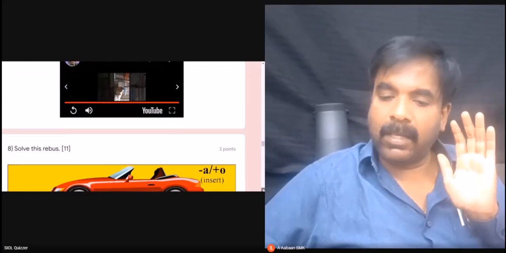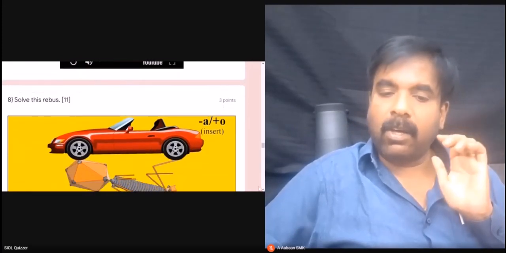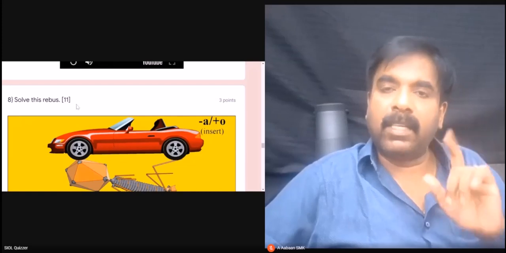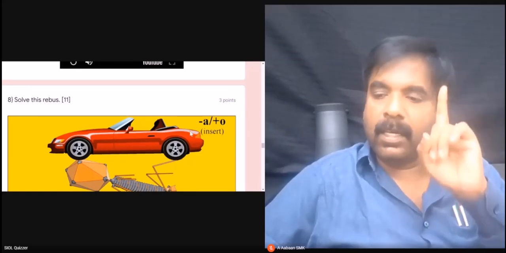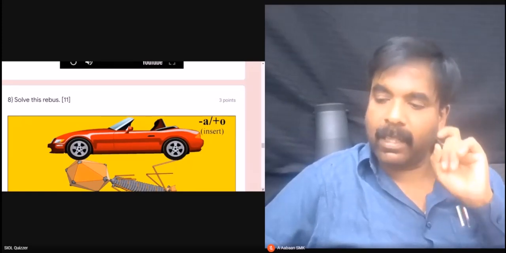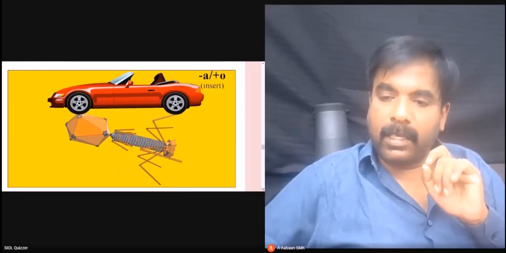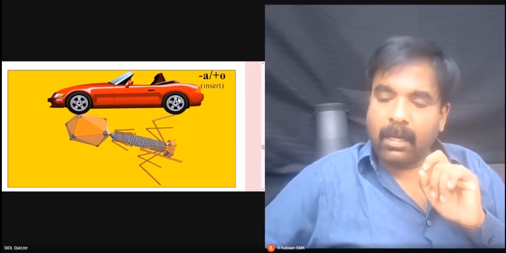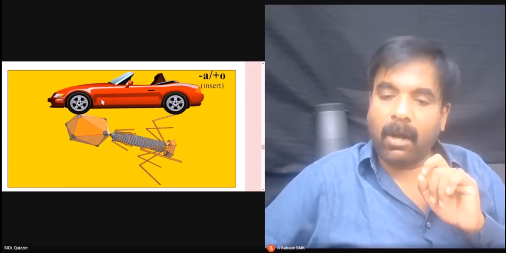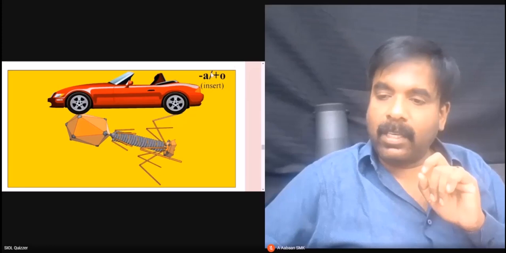This is a rebus question, and solve this rebus within bracket 11 means the answer has one word and the answer has 11 letters. So let us see this. This is a car. It is on a virus. What is below is a virus. Car on a virus. Now what is given?